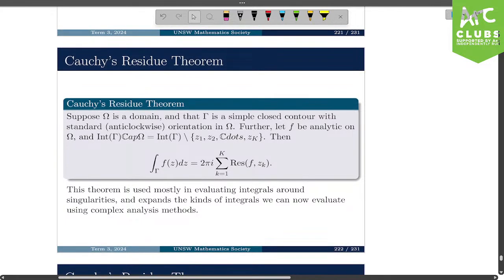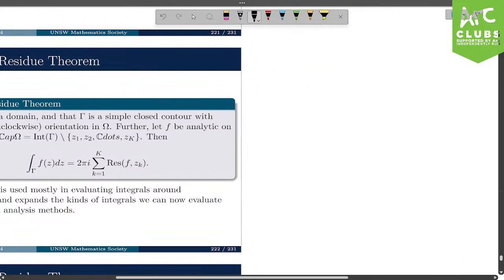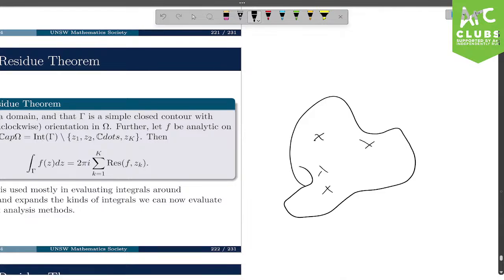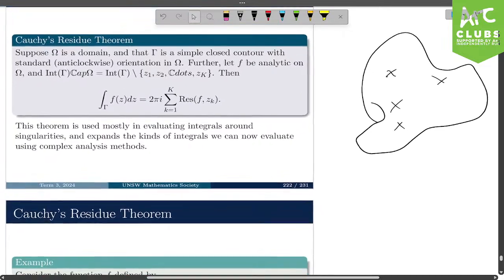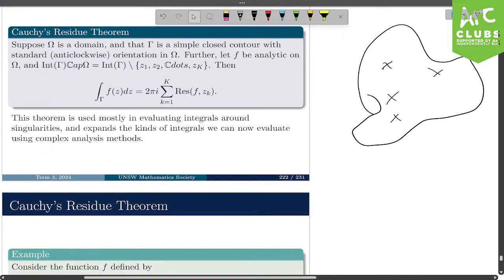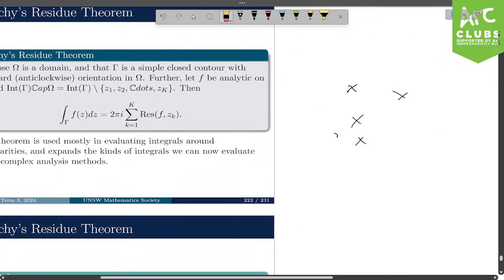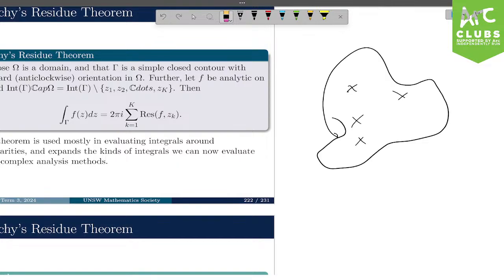There's Cauchy's residue theorem, which is just saying if we have a contour with poles zk within the contour, we just take the result as being 2 pi i times the sum of those residues. Okay, which is really interesting because it is very, very similar to how you might look at Gaussian integrals.